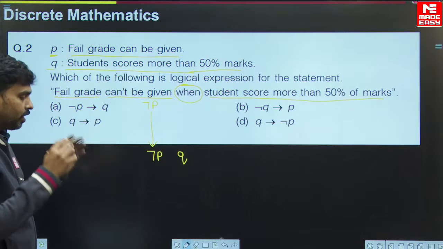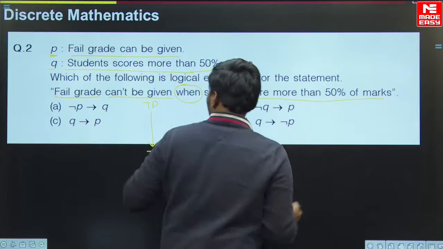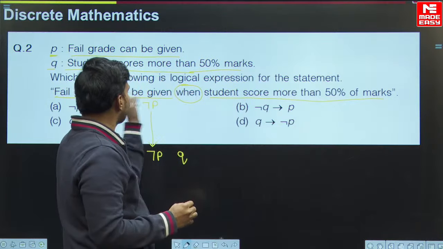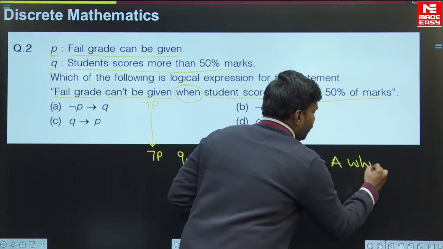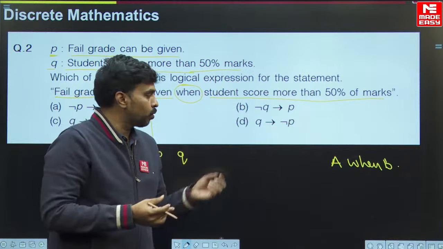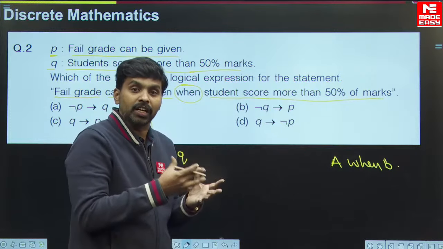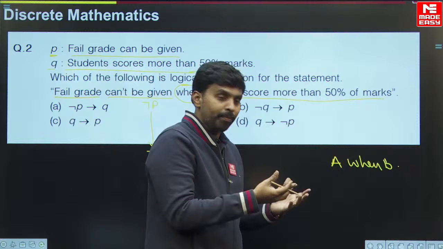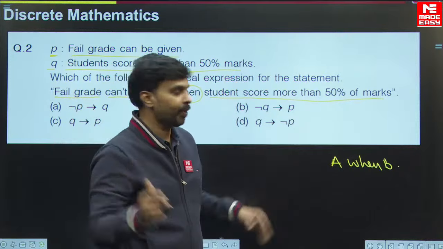Now beta, let us understand this: suppose I write A when B. What does this mean? The same statement we can read in different manners. Logically, A when B means if B then A, right or not?